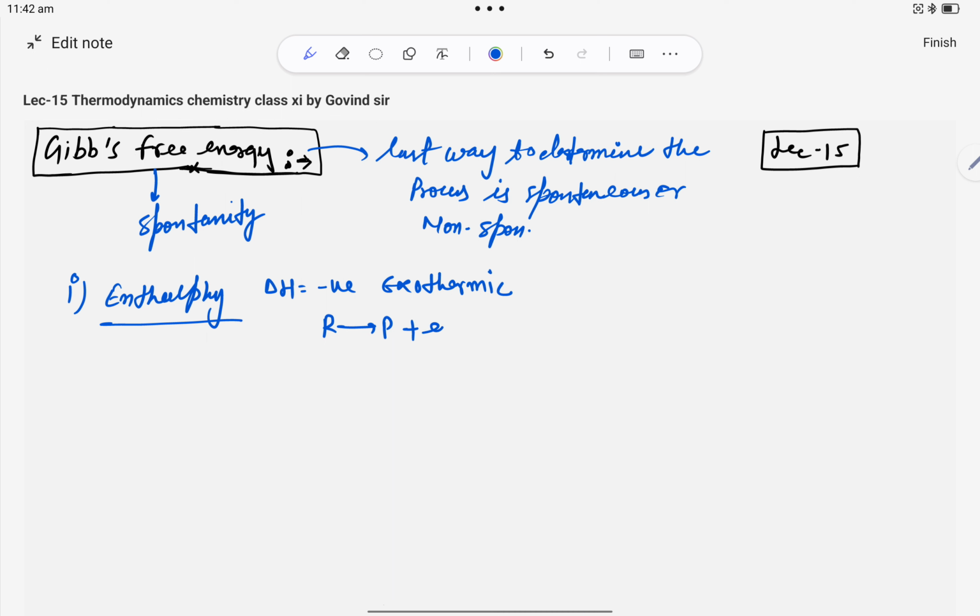If energy is released, then the process is spontaneous, but drawbacks are available here, like some endothermic reactions are also spontaneous. Then we discussed entropy.